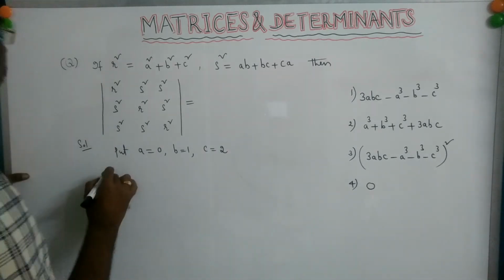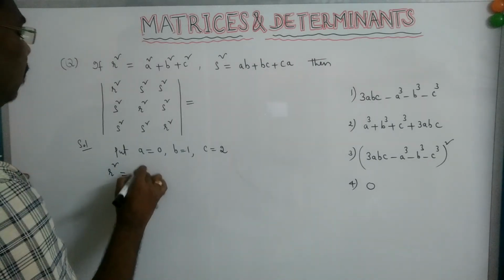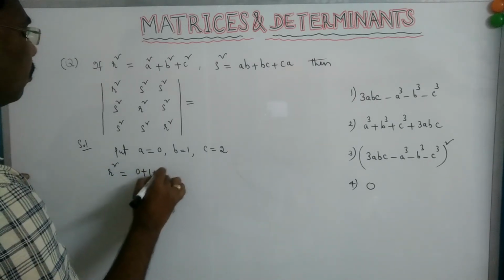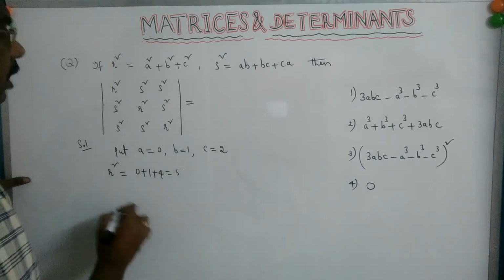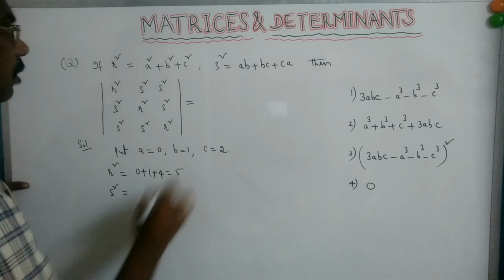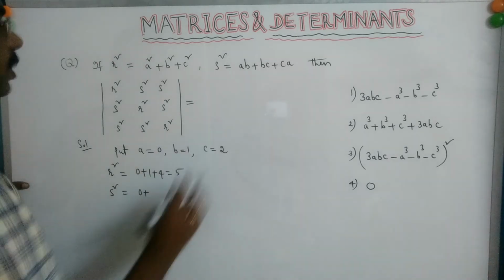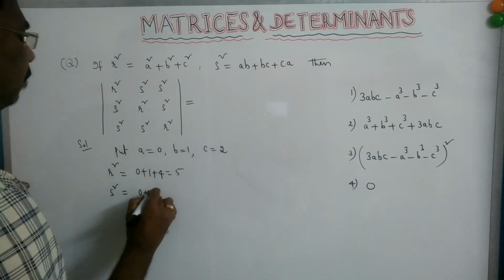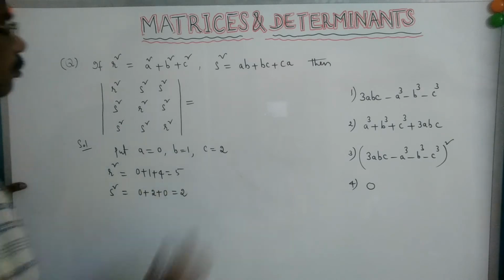Now r square is a square 0 plus 1 plus 4, which is 5. Next s square is ab 0 plus bc 2 plus ca 0, which is equal to 2.